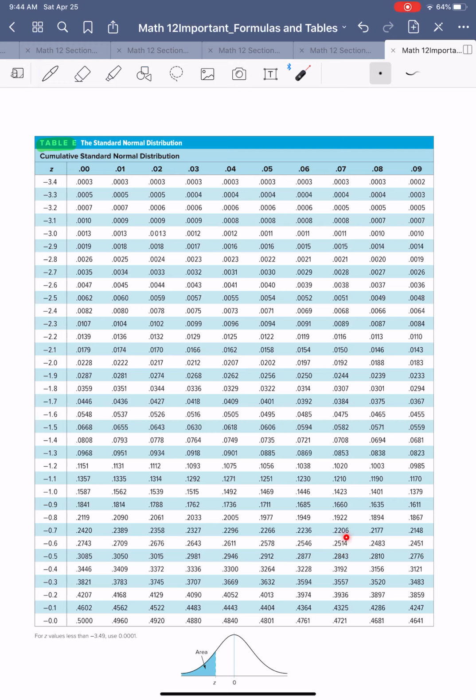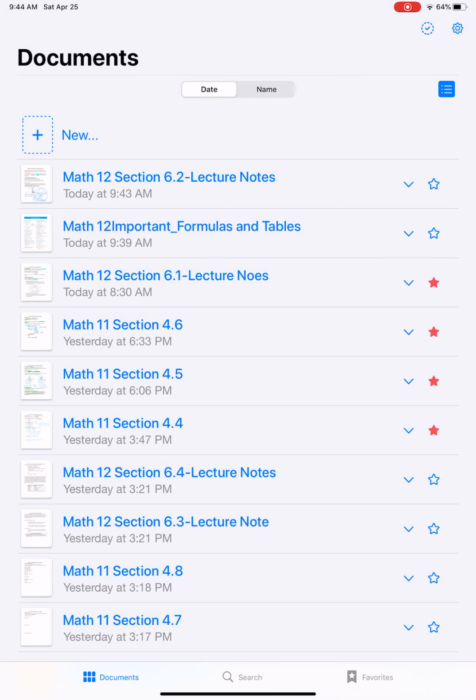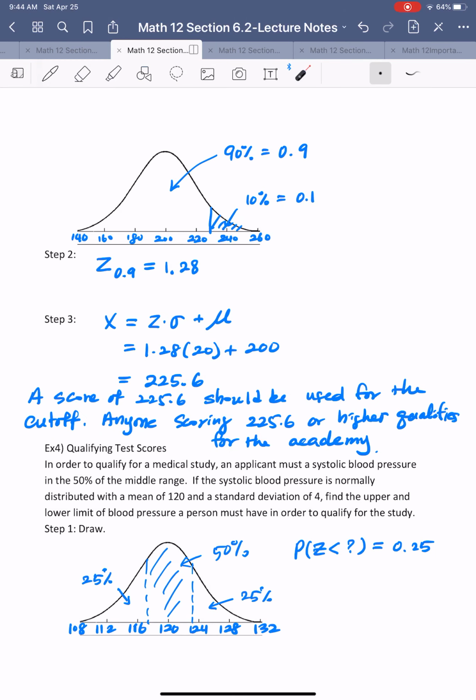I think this is close to 0.25. So negative 0.67. So keep that in mind. So the z-score is going to be negative 0.67. So one z-score is negative 0.67 and the other z-score is going to be 0.67.